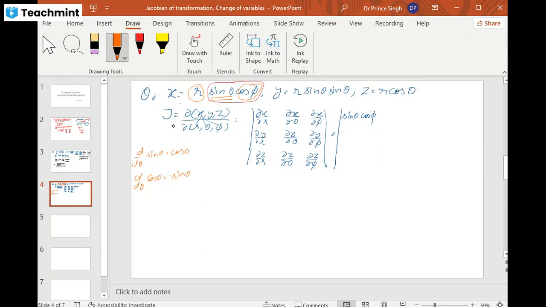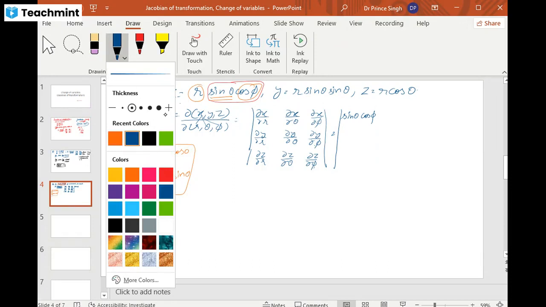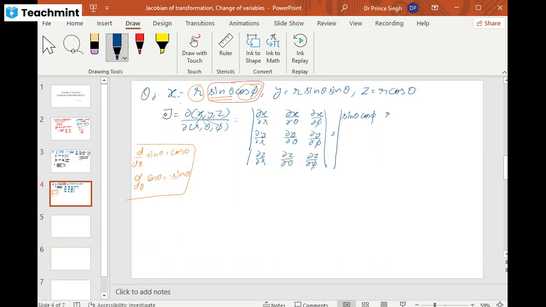So basically, we are going to use only these three identities. So its value comes out to be r times cos theta cos phi. Similarly, if I differentiate with respect to phi, then r and theta are constant, and the derivative of cos is minus sine. So its value comes out to be minus r sine theta sine phi.